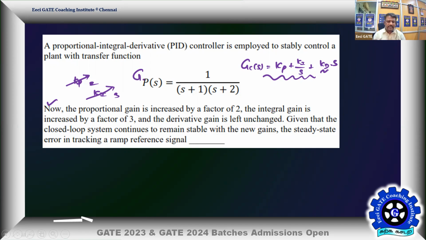Given that the closed loop system continues to remain stable with the new gains, we need the steady state error in tracking a ramp reference signal, that is, the input command is a velocity command. Given that the system remains stable is a very important point, otherwise you can't apply the steady state error analysis. The steady state error concept is valid only when the system remains stable.